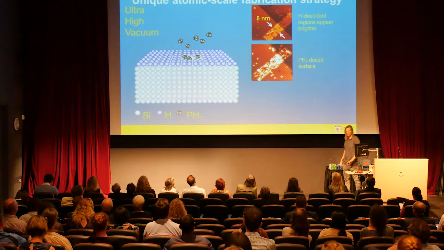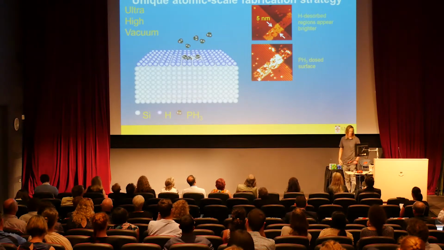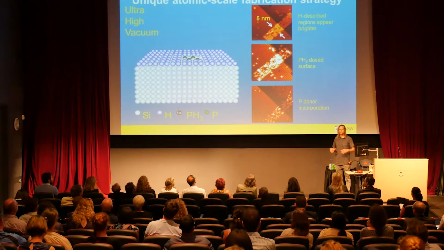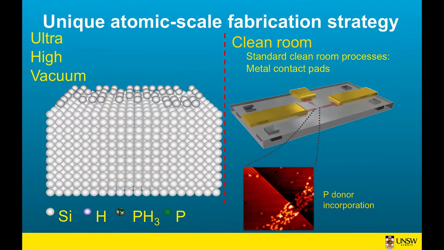The sample is then dosed with phosphine gas, which will only adsorb to those exposed regions of silicon. We then heat up the sample to incorporate phosphorus atoms into the silicon crystal lattice. And finally, we grow a protective epitaxial layer on top of that. Then outside the ultra-high vacuum, we use standard cleanroom processes to contact this silicon chip so that we can perform electrical measurements at cryogenic temperatures.